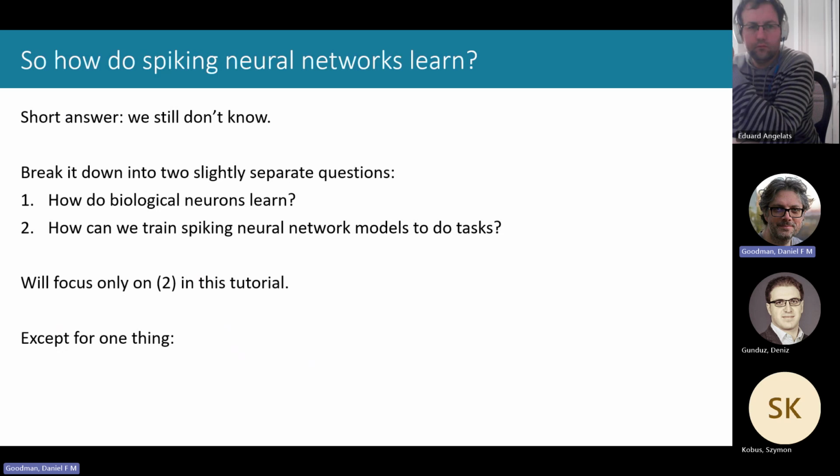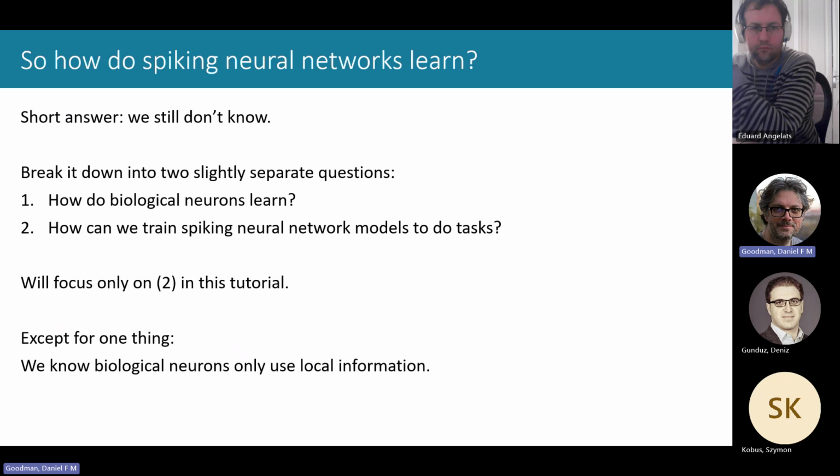Except I will say one thing, which is that we do know that biological neurons only use local information, right? You can't pass gradients that take the entire brain state to a neuron. There's no way that information could somehow be transmitted to a neuron. All it can use is the activity that's happening nearby to it, just purely from a physical point of view.